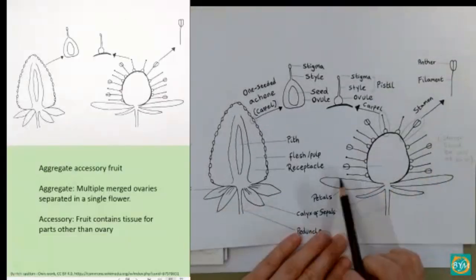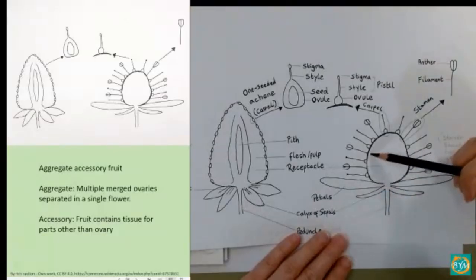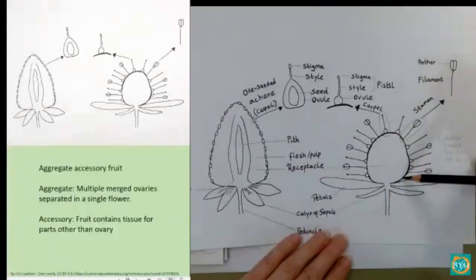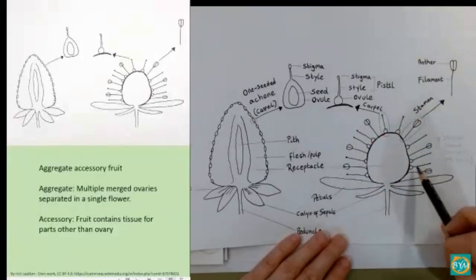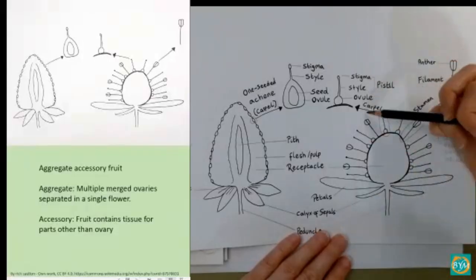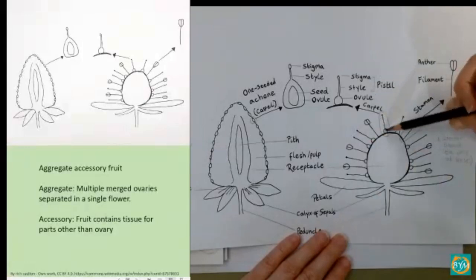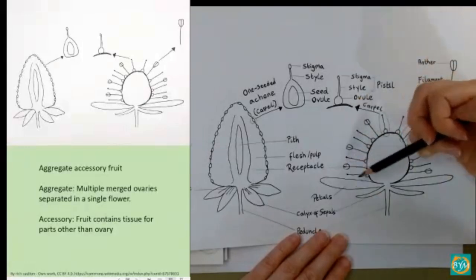So we've got our petals, our sepals down here. This is the receptacle, which is the inner part of our flower. And then on the outside of that, like the raspberry, we have little structures that are ovaries with the pistil on the outside sticking up in sort of multiple different directions.